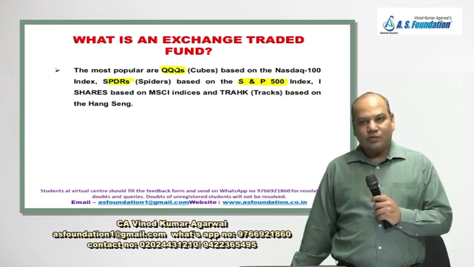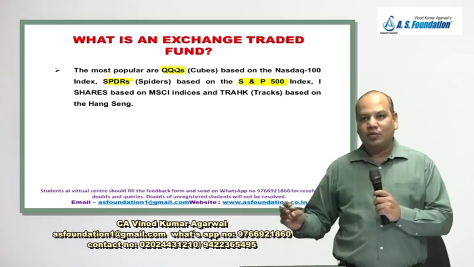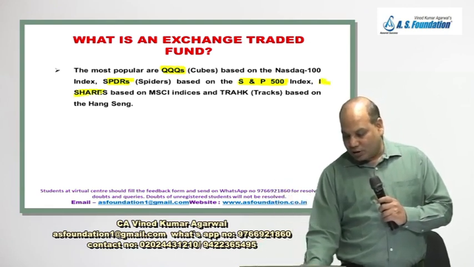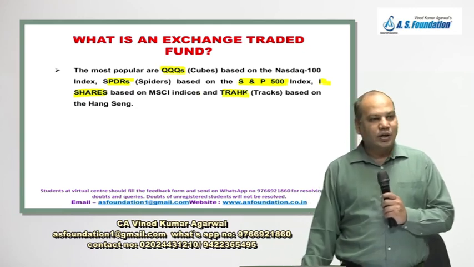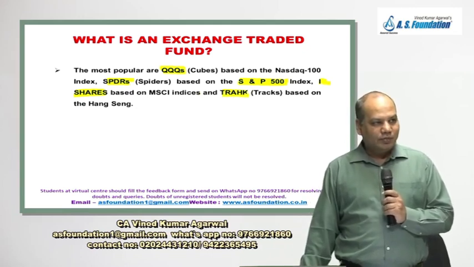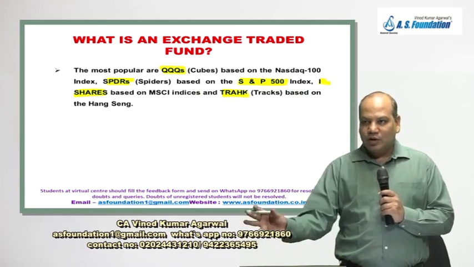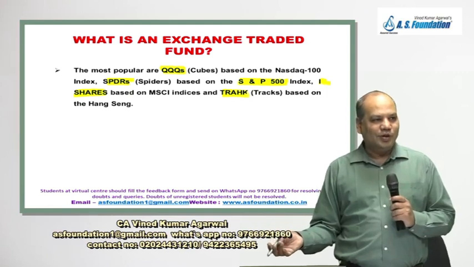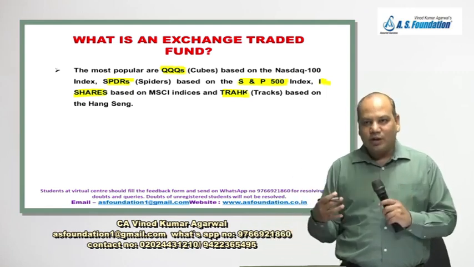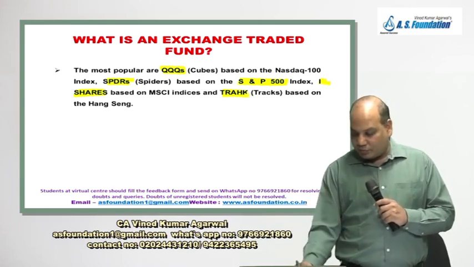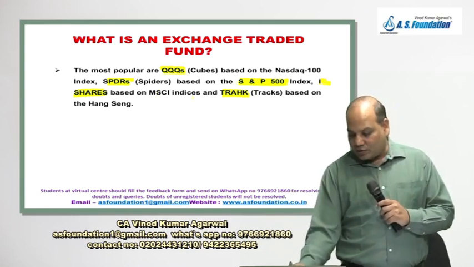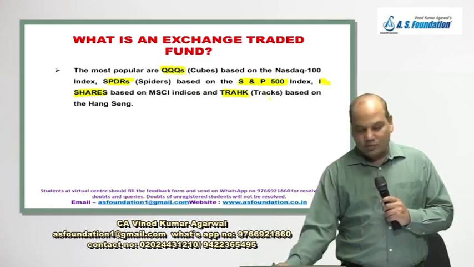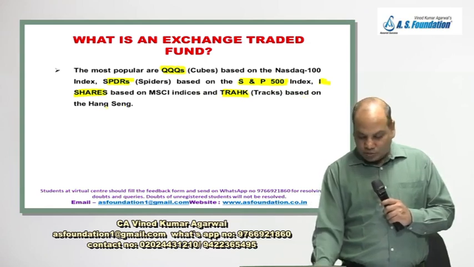And suppose they ask, what are the following instruments? QQQ, SPDR, iShares, TRAHK. So you have to say these are ETFs. Okay. The option can be ETF, share, potato, copper. So then you have to see these are a variety of ETFs. iShares based on MSCI indices, and TRAHK, which is pronounced as tracks, based on, in your book you make a small correction.